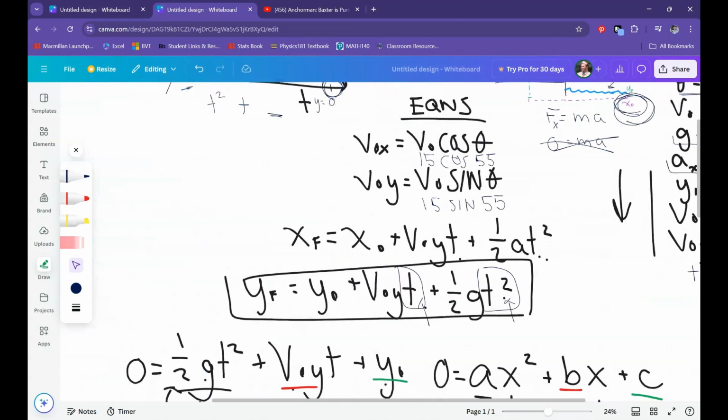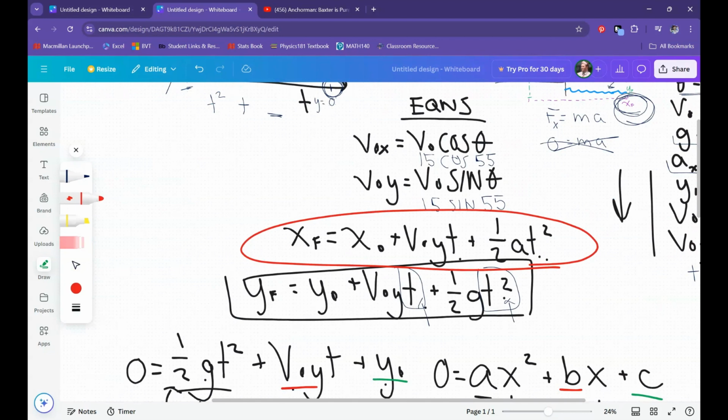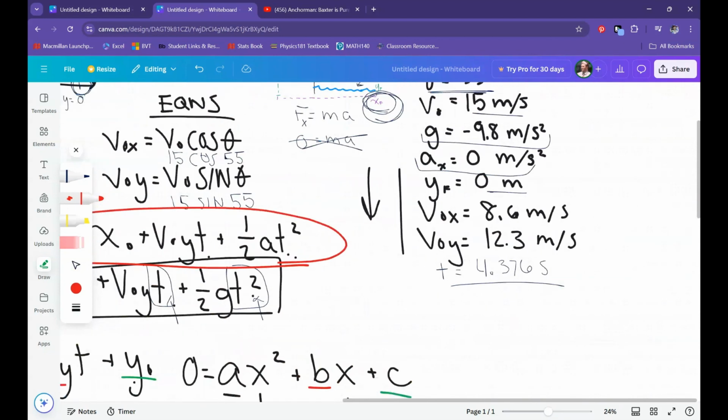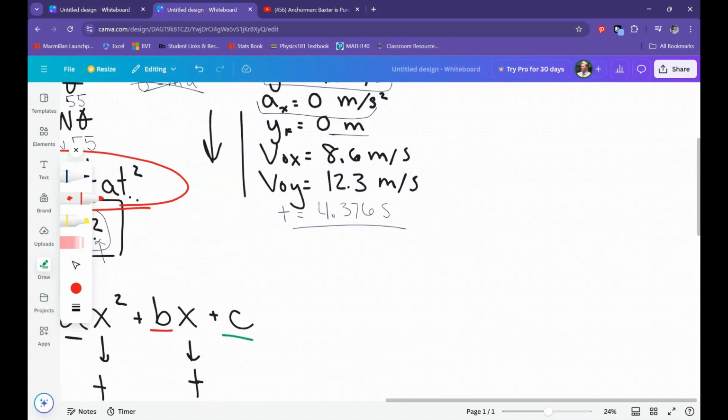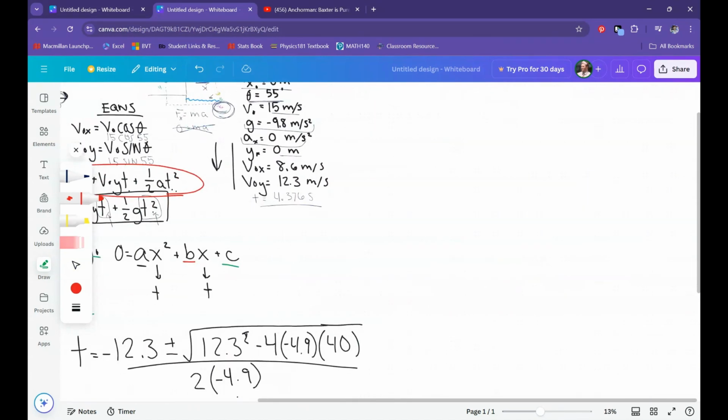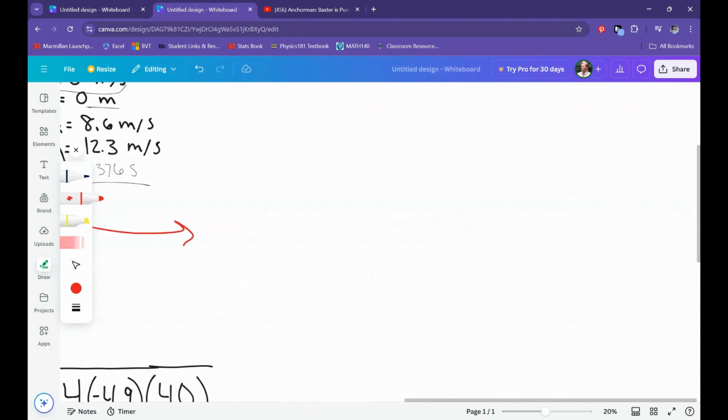Now that we have our t, we can go back to this equation right here. We're going to take that equation and solve for our x final, which is pretty easy because it's already on its own side of the equation. We have x final equals x naught plus v naught x t plus 1/2 a t squared.